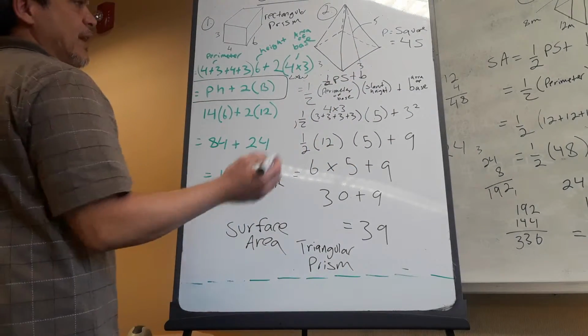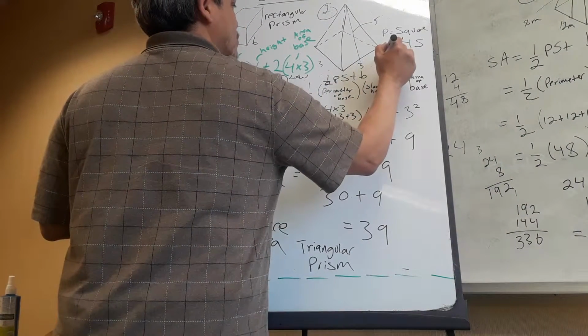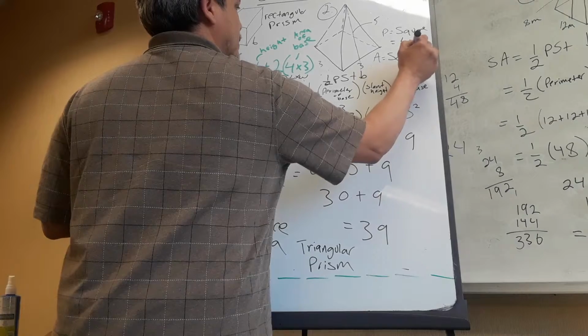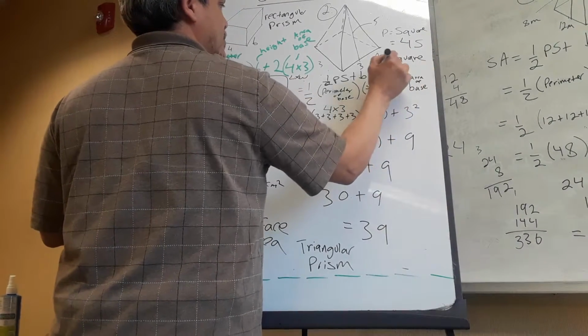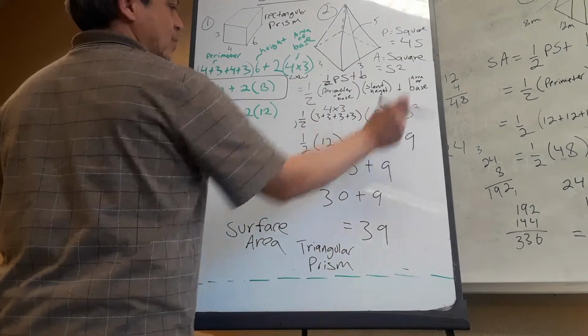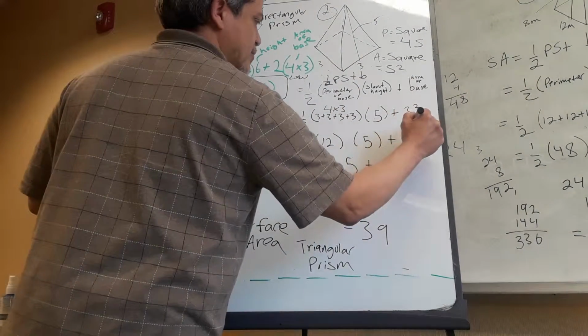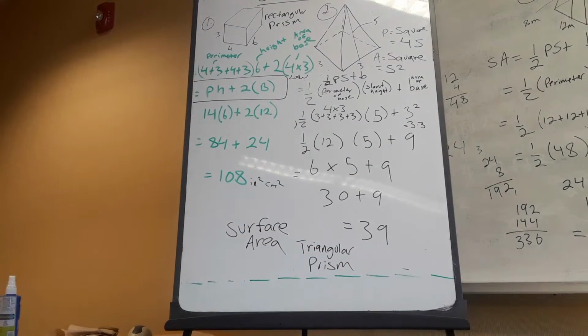You remember we get the area of a square. The area of a square is side squared, right? Remember that. So the side is 3, so it's 3 squared, which is 3 times 3, which is 9.